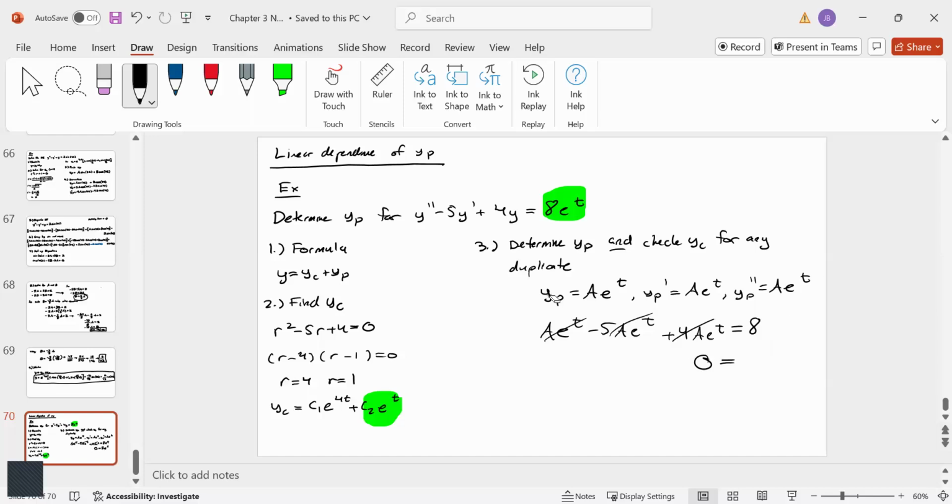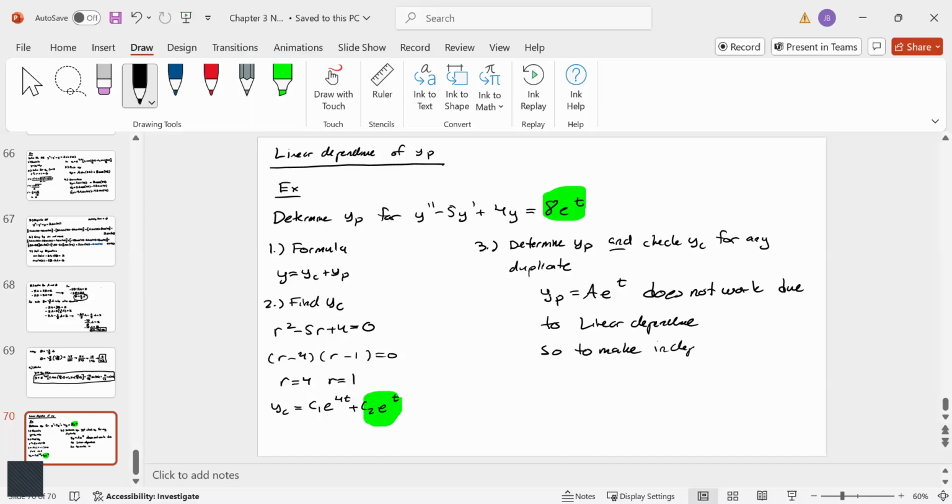So how do we deal with that? a e to the t does not work due to linear dependence. So we just use what we've already talked about before: we add a t to it. To make it independent, we use yp equal to a t e to the t.